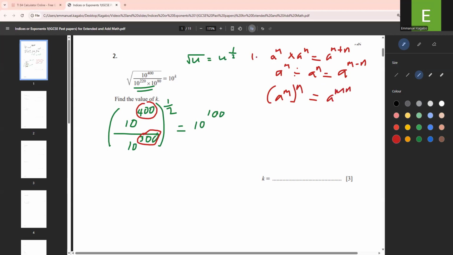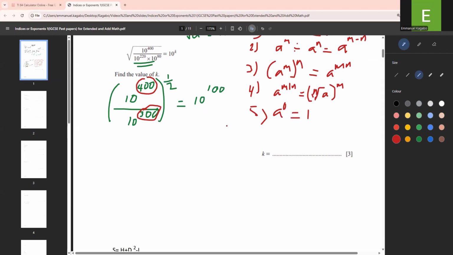This is the first one, second, third. Let me write the fourth one, which is a power m over n. This is the nth root of a, then everything power m. Maybe I can add the last one here: any number power 0 equals 1. These are the basic rules which you're supposed to know.